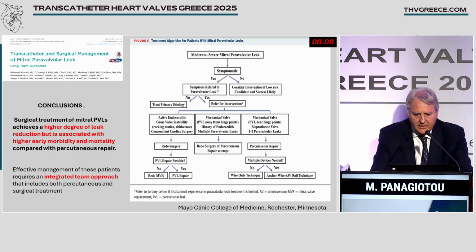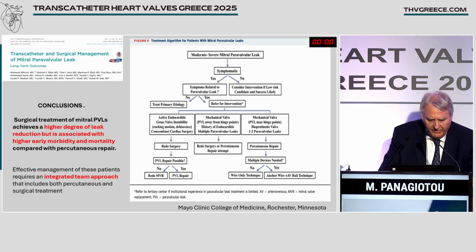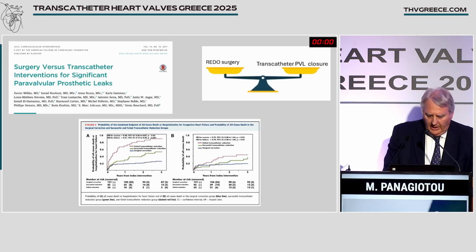The experience, for me, is absolutely clear: with the increased information we have from the transcatheter approaches, we have to work together, and this is a very good algorithm that was shown by the previous speaker.